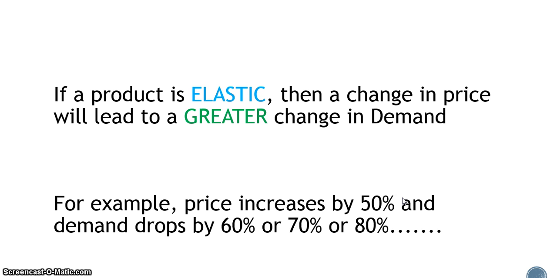However, how much demand falls by depends on if it's elastic or inelastic. So price has gone up by 50% and demand has fallen by 60 or 70 or even 80%. That makes it elastic because demand has changed by more than the price.